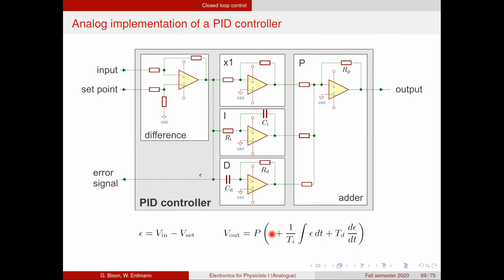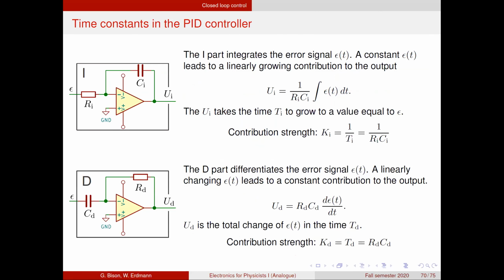So we add up the copy, the integral part, and the differential part. And the integral part and the differential part are characterized by time constants that you see here, which are necessary to make this dimensionless. And we will have a look here at what they actually mean.